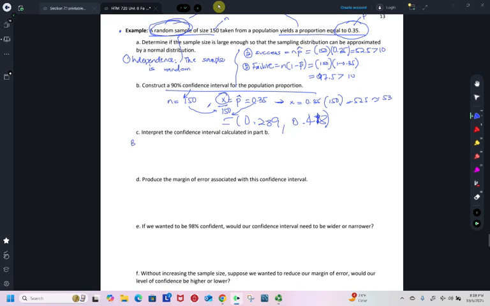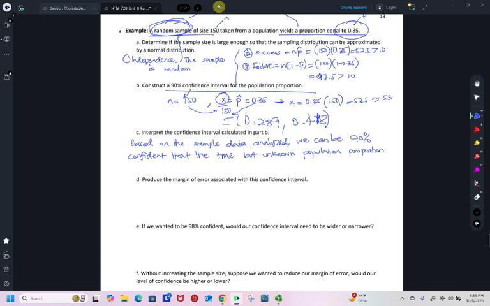So we can say that based on the sample data analyzed, we can be 90% confident that the true but unknown population proportion lies between 0.289 and 0.418.